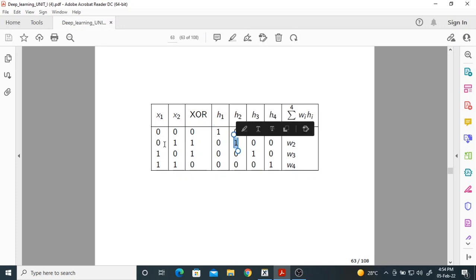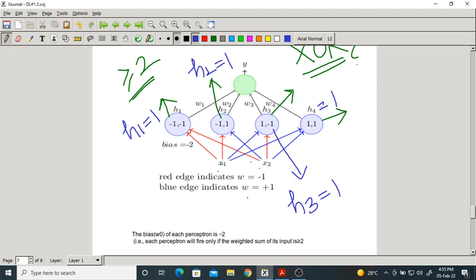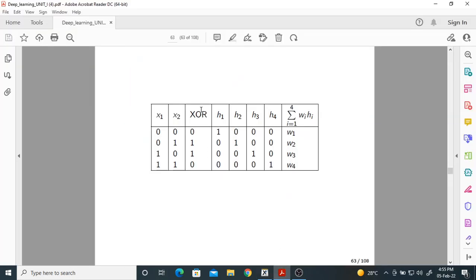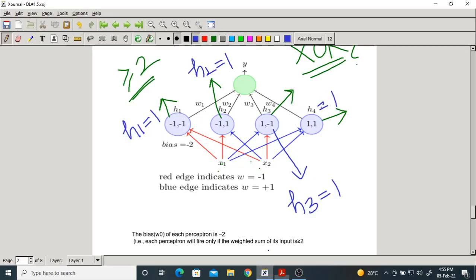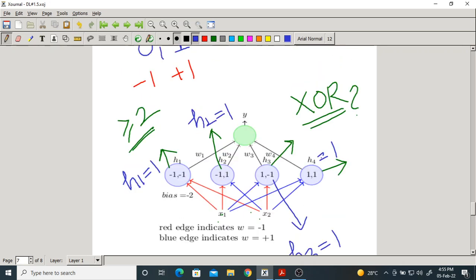H2 is 1 only for 0 1. H3 for 1 0. H4 for 1 1. Here assume that 0 means -1, as I told you in the starting itself. But what is the XOR output? 0 0 means 0. 0 1 means 1. 1 0 means 1. 1 1 means 0. So here the XOR output means the final output. And H1 to H4 are the outputs of the middle layer perceptrons.